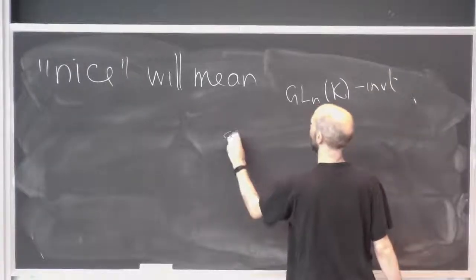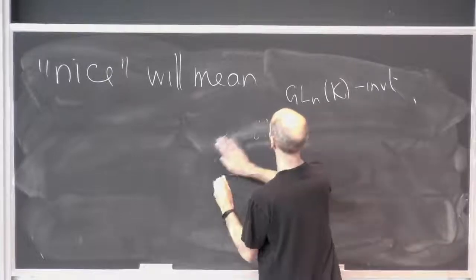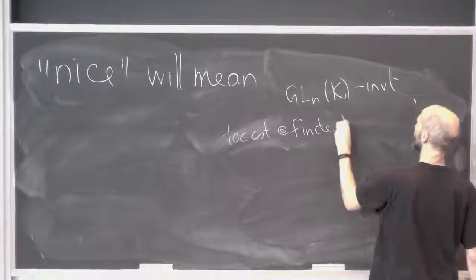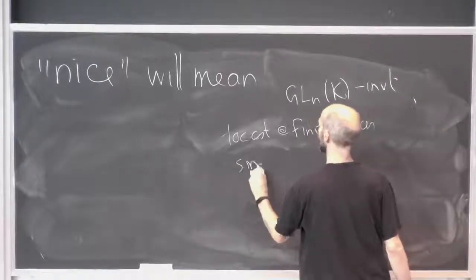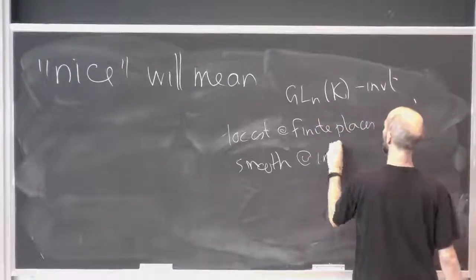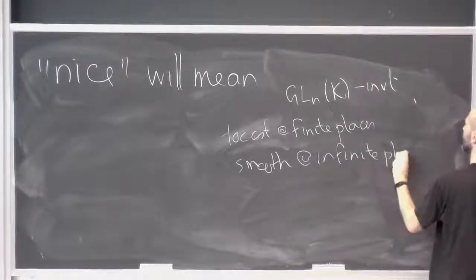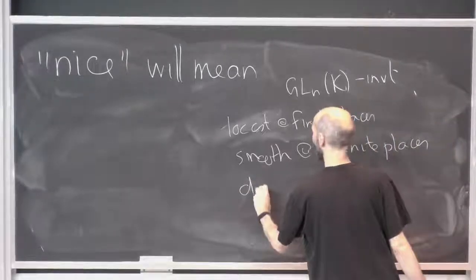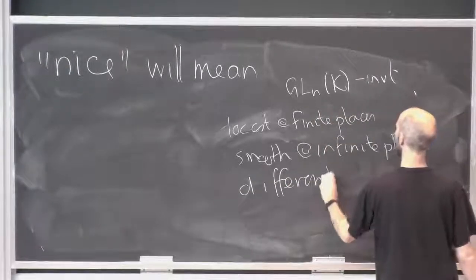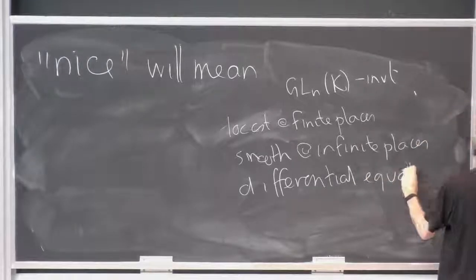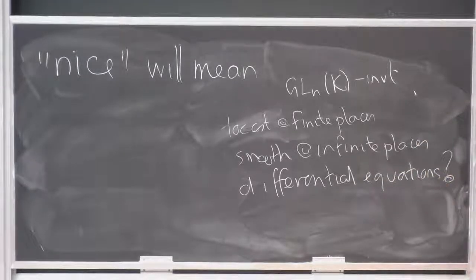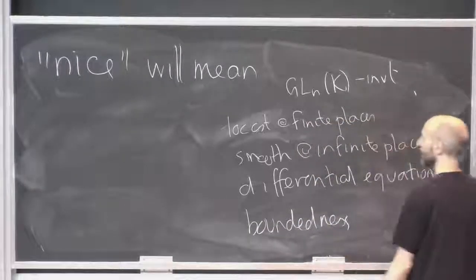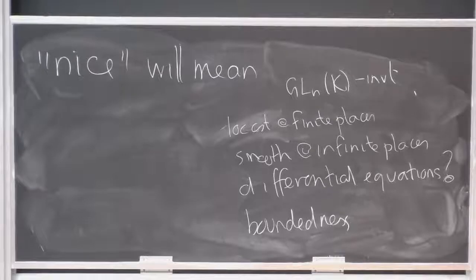It's going to mean smooth, locally constant at the finite places, smooth at the infinite places, a differential equation, and a boundedness condition on growth. That must be the right answer.